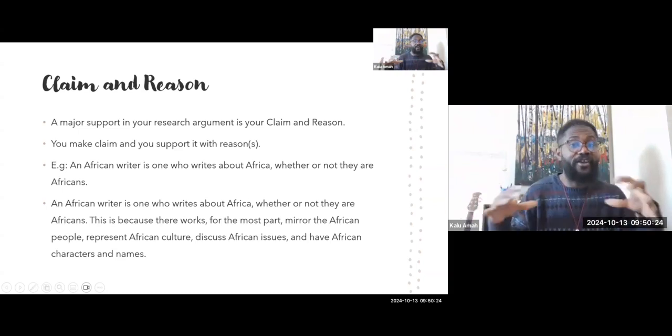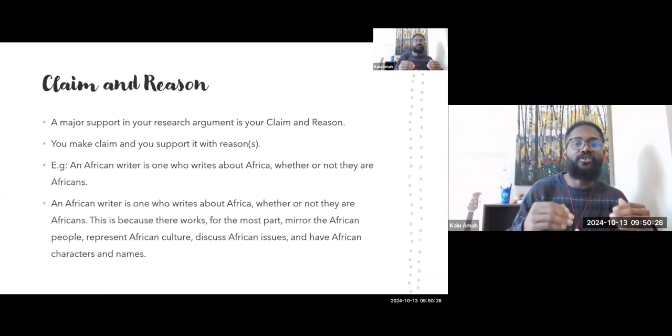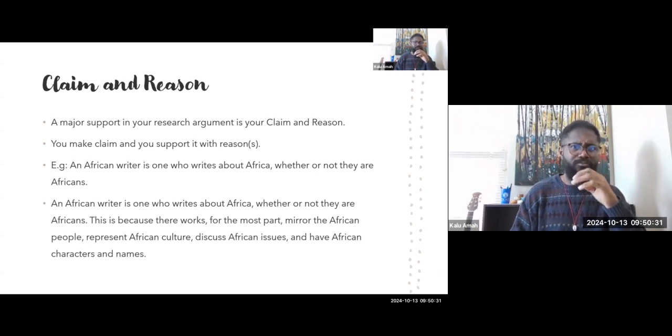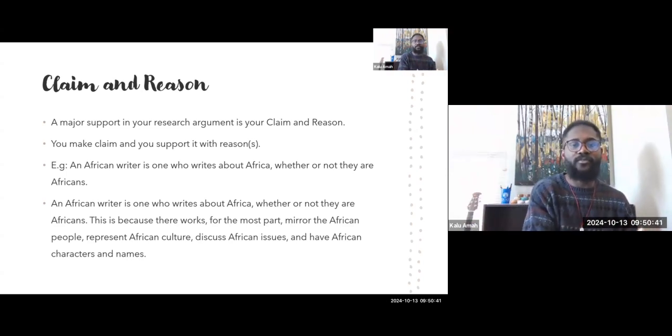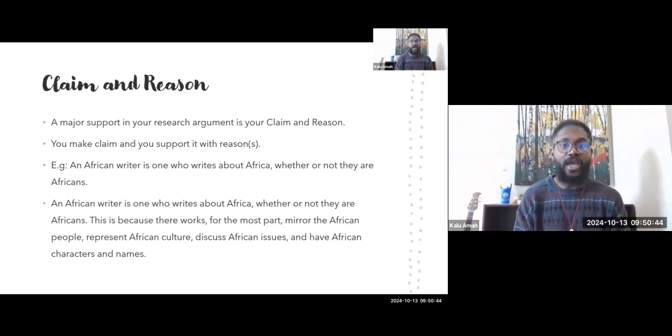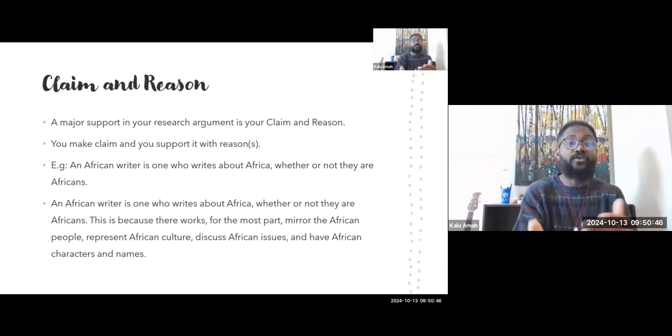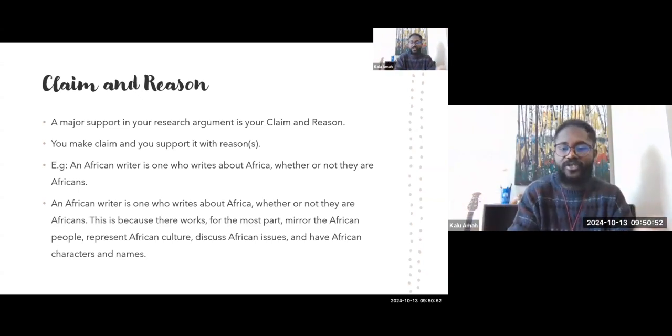It can go in any way, but just using because as your connecting word. So this is a reason you are giving to this claim. So you make a claim and you support it with a reason. There could still be more reasons to this, but because we are trying to learn, we are limiting our reason to one.